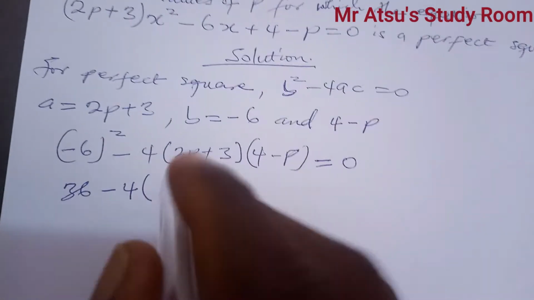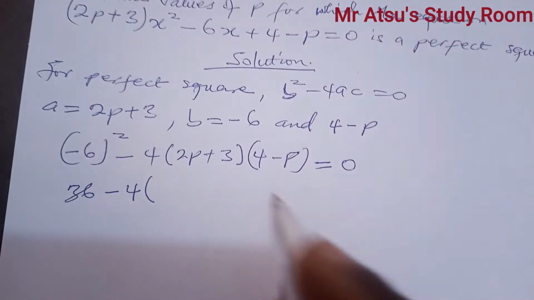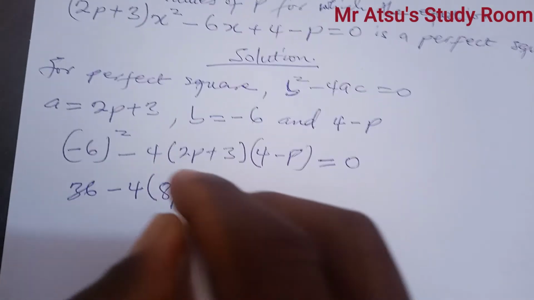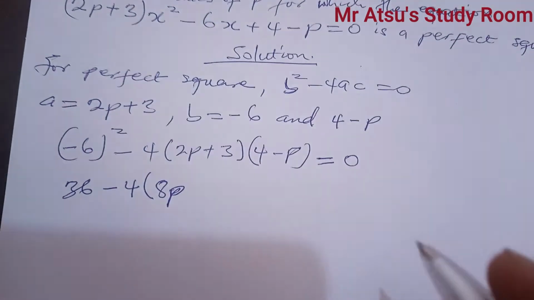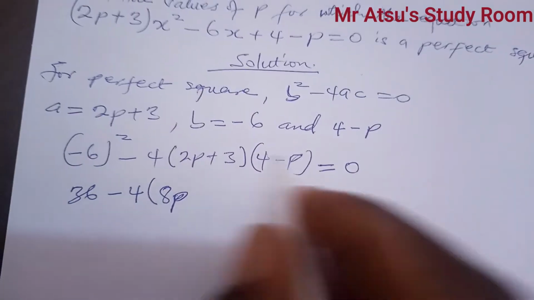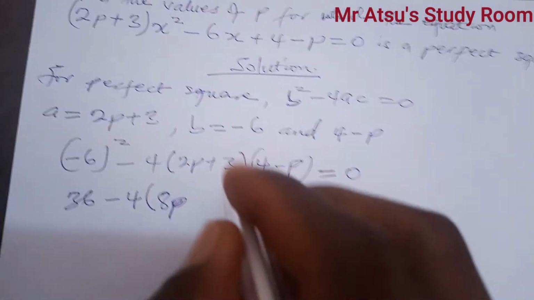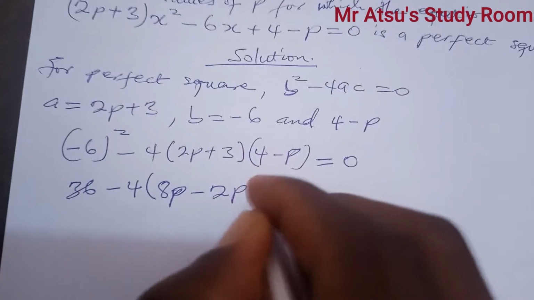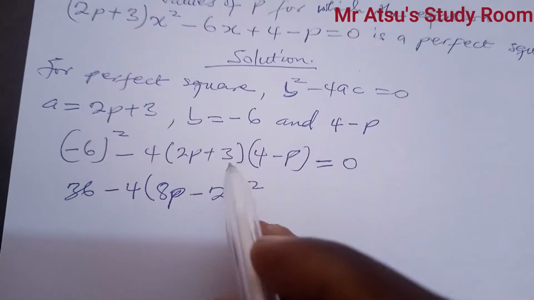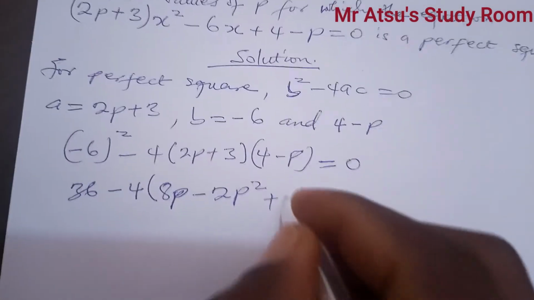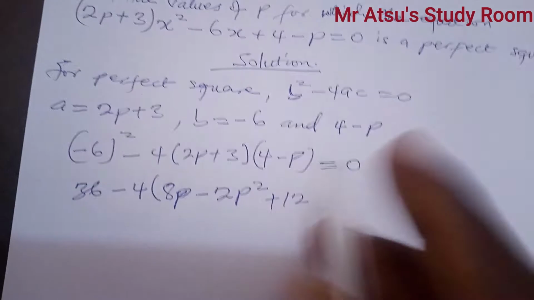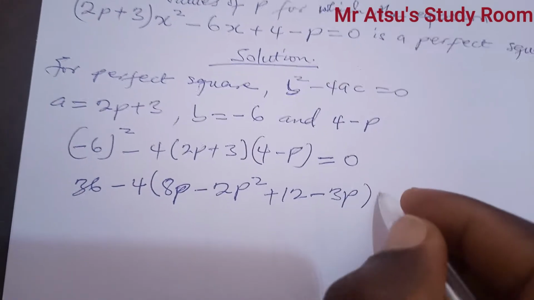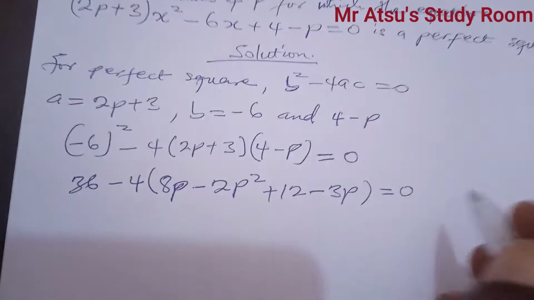Let's expand the parentheses, then we come and expand the bigger one outside. So this times this is 8p. This times this is negative 2p squared. And this times this is 12. This times this is negative 3p equals 0.